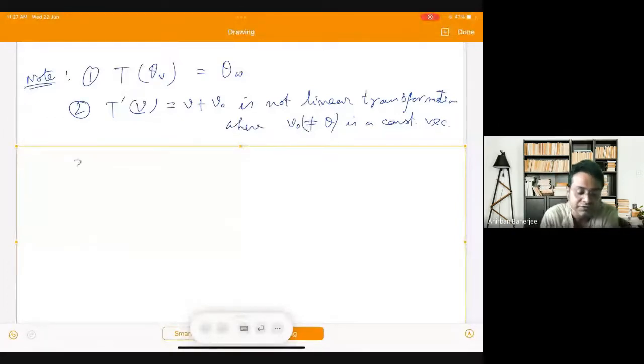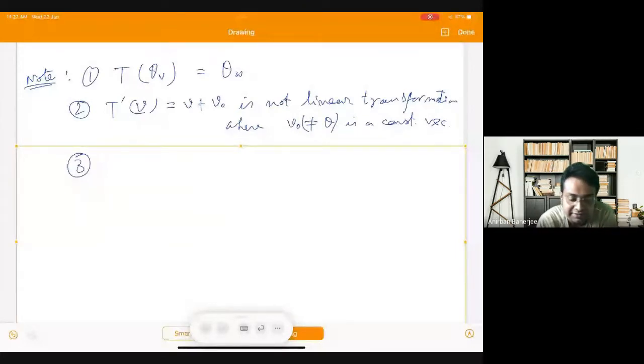And this kind of transformation is something like shifting. If you take any coordinates, you're just shifting. So that's why the shifting transformation, we have different transformation like rotation, reflection, shear. We'll discuss that little later. But shifting, this transformation is not linear transformation. That you have to keep in mind.